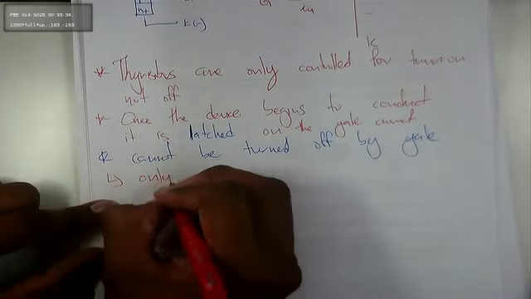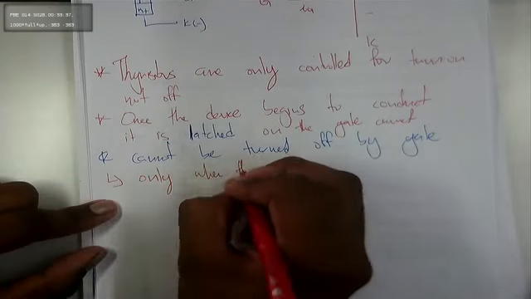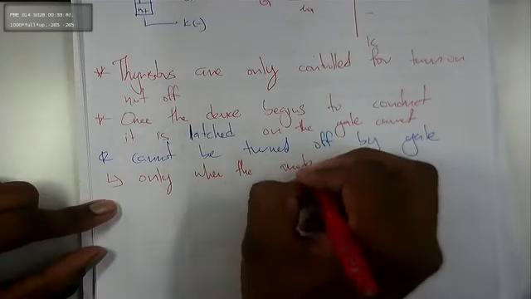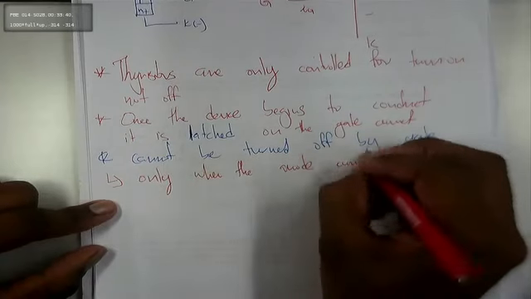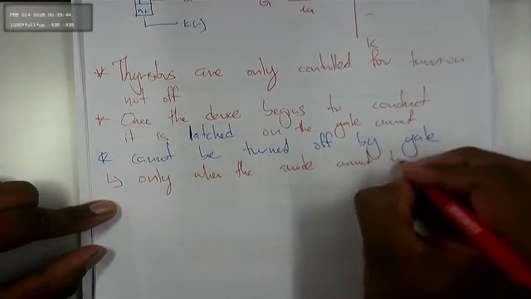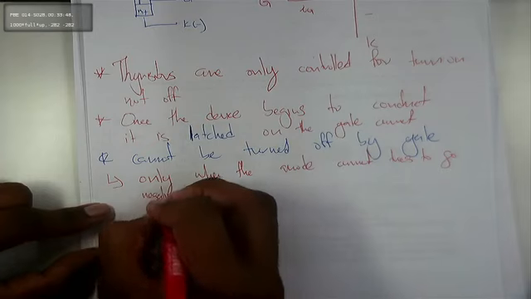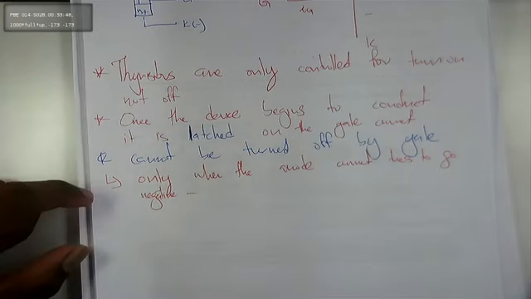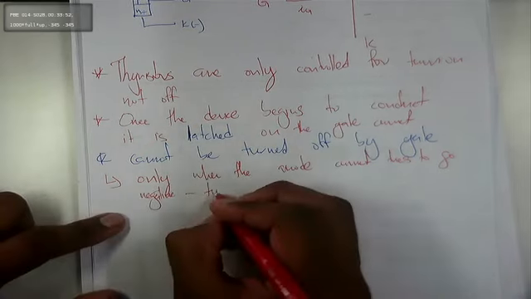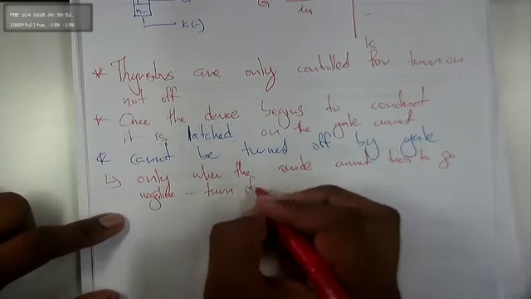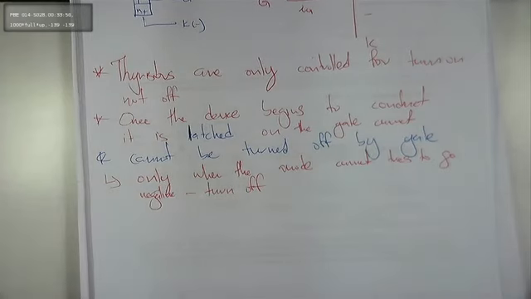Only when the anode current tries to go negative, the thyristor will turn off.